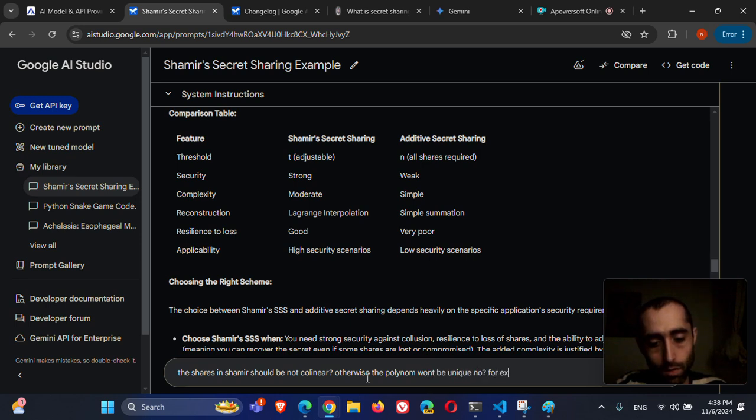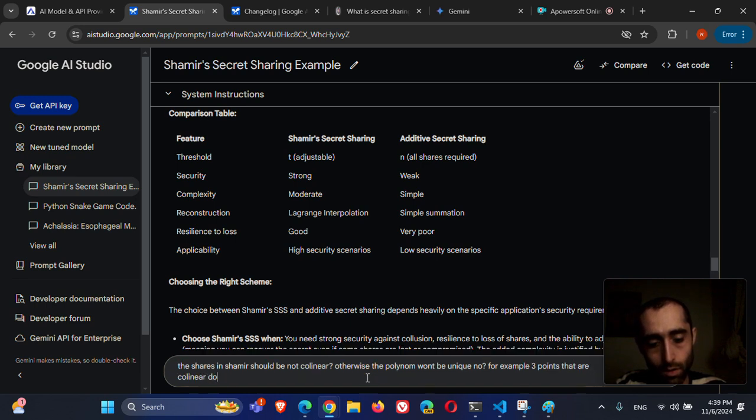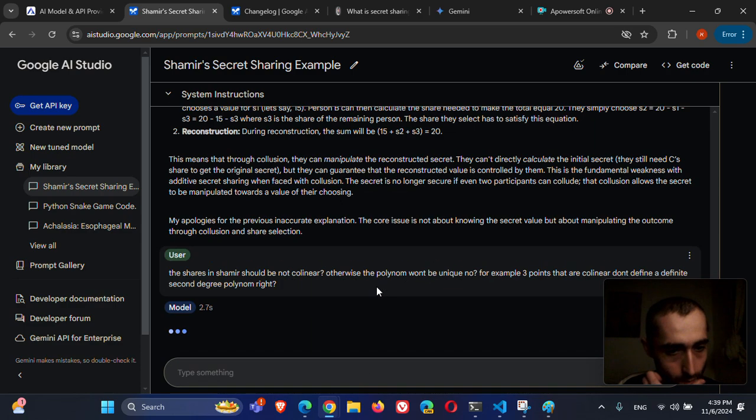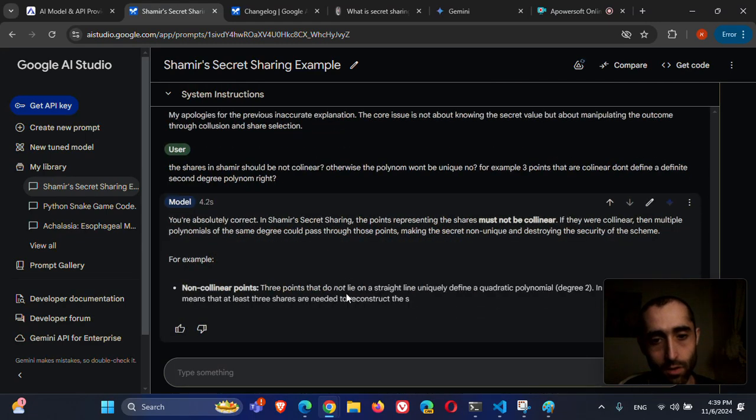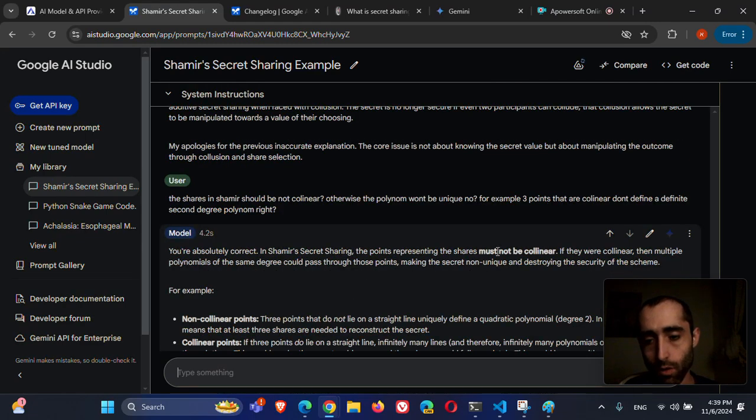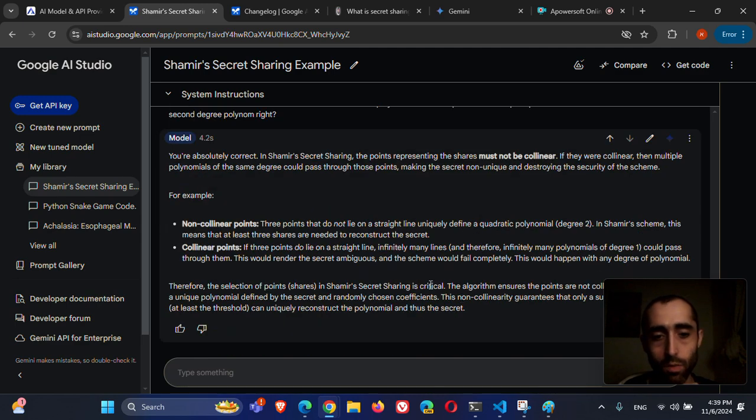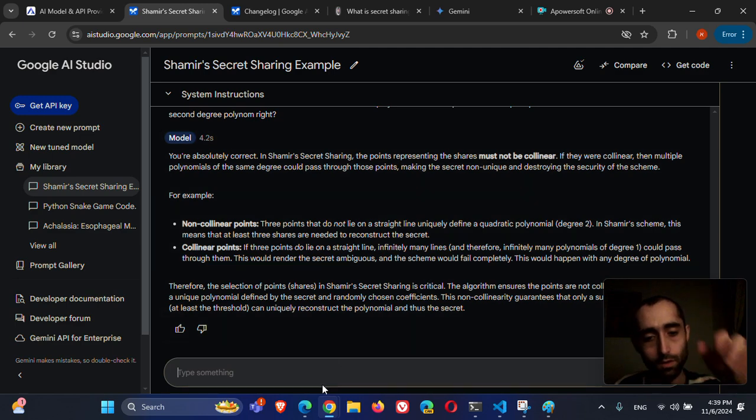For example, 3 points that are collinear don't define a definite second degree polynomial. I think that this is something that we didn't talk about. In Shamir secret sharing, the points representing the shares must not be collinear. If they were collinear, then multiple polynomials of the same degree could pass through those points, making the secret non-unique and destroying the security of the scheme. So yes, they should be non-collinear.